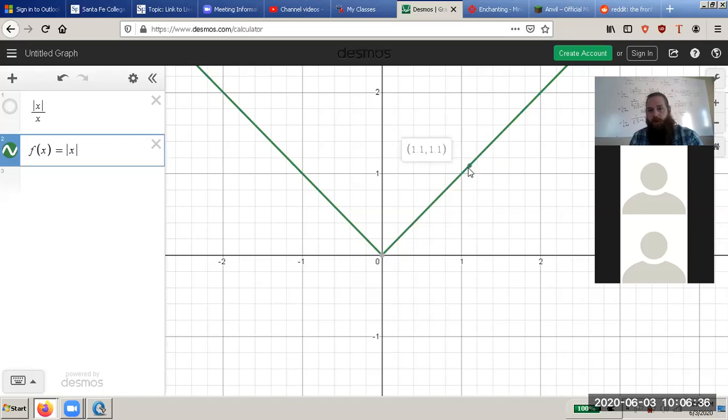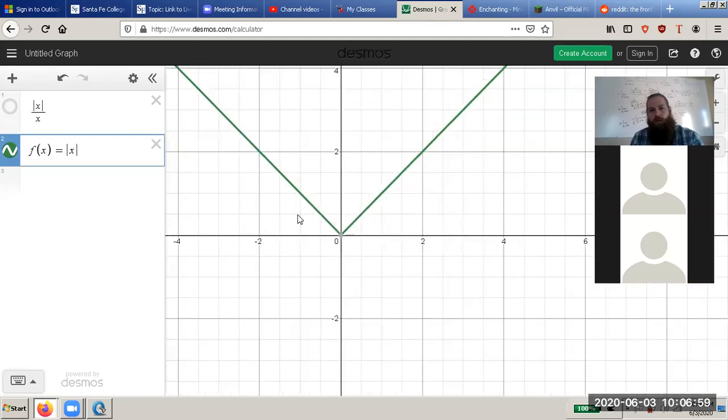So the green function here is indeed continuous, but it's not differentiable at 0. It's differentiable over here. The slope of the tangent line is definitely well defined over here. It would be 1. And it is differentiable everywhere over here, where the slope of the tangent line would be -1. If you were to plug in a equals -2 or -1 or -1/2 or -pi, any of those would work for the derivative.